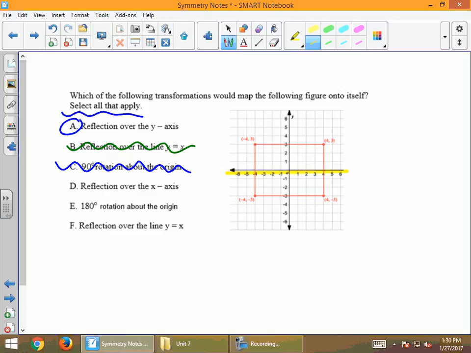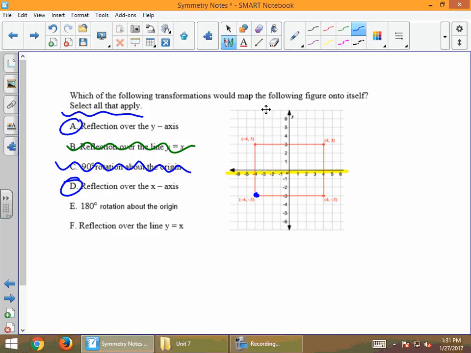Perfect. -4, 3. Let's reflect it over the x-axis. So again, you just count 1, 2, 3. 1, 2, 3. Did that map up with another vertex? Yeah. So is that going to map up onto itself? Yeah. That one's going to work. Because it works for one point, it's going to work for all of them.